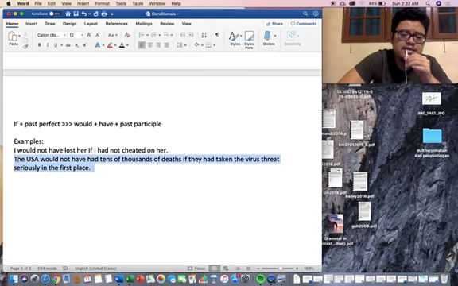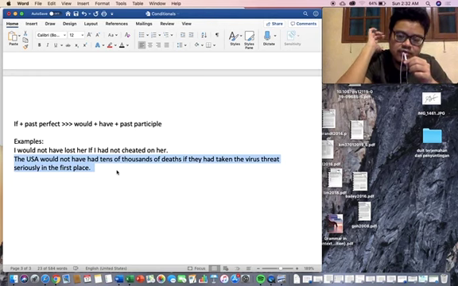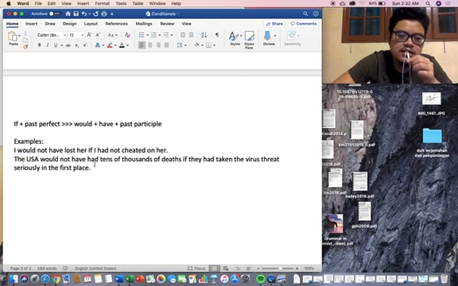So when we talk about the second example here, we are talking about things that happened in the past, right? For your information, the USA as of today has like 80,000 plus deaths already because of COVID-19.